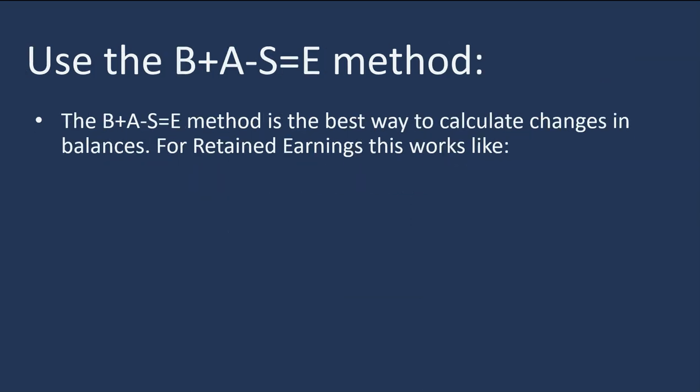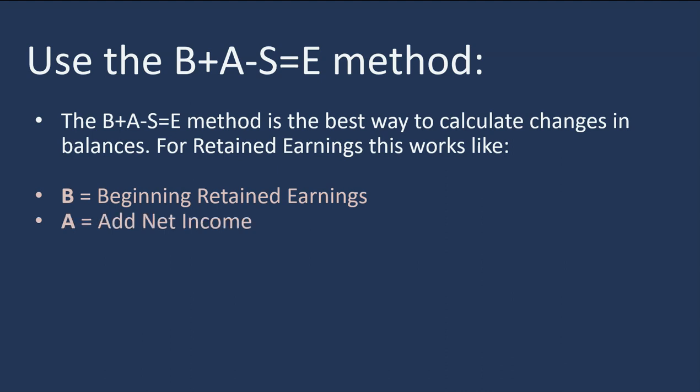Now, the easiest way to calculate changes in balances is to use the BASE method. We look at the balance from the beginning, and we then work through each of the changes to come up with the ending balance. So the B stands for beginning, and in this case, it's the beginning retained earnings at the beginning of the period.